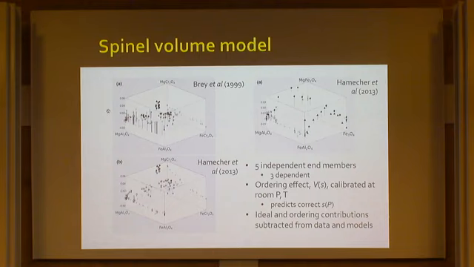This is actually our model. There are 5 dependent end members, 3 independent ones. There's also ordering amongst most of those end members. This is the model with the effective ordering and the ideal contribution subtracted, and this is the dependent end member picromerite. And you can see that it does a pretty good job.